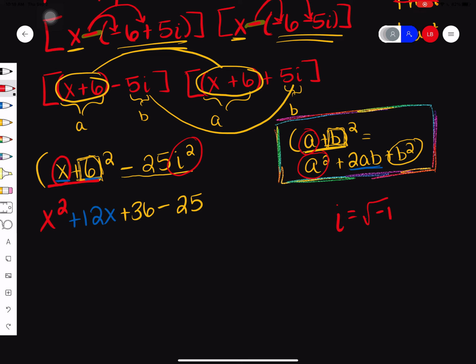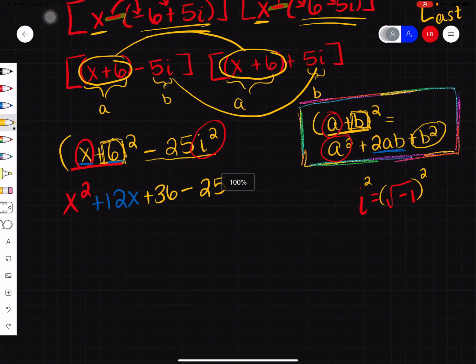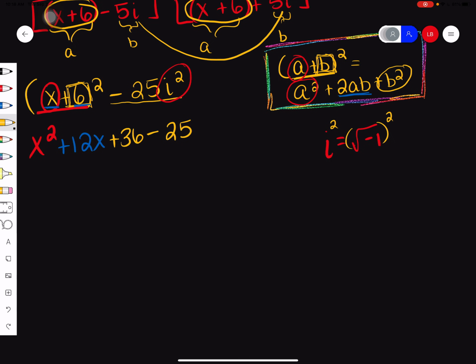But i squared, let's look and see what happens if I square i. Let's put parentheses around this. I squared, oops, I apologize. Sometimes my iPad wants to act up. i squared will be equal to, well, the square root and that square there are like inverses of one another, right?